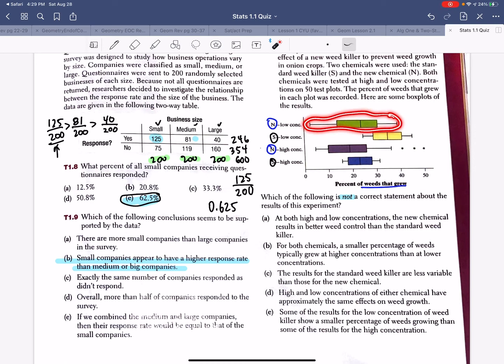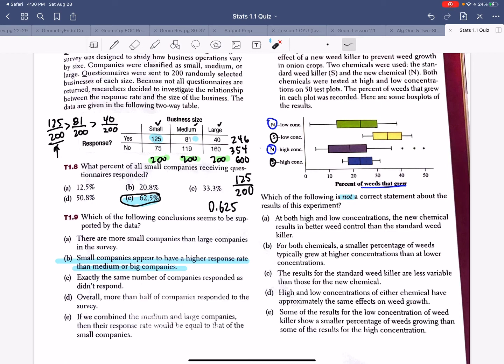This thing is lower than that thing, so I'd say that fits. Is this thing lower than this thing? That's harder. The median was lower when we compared them, but there's some other things going on.